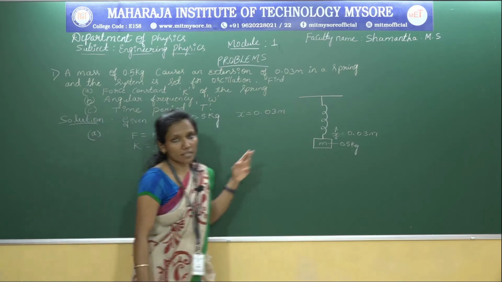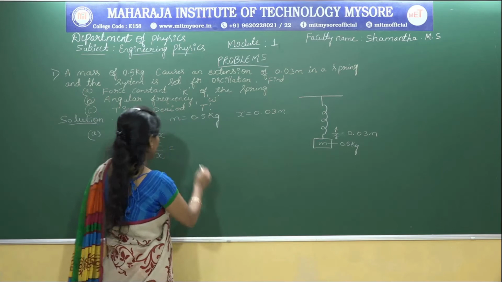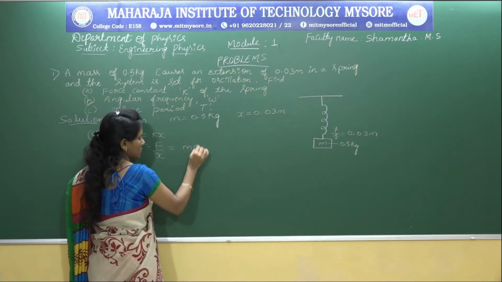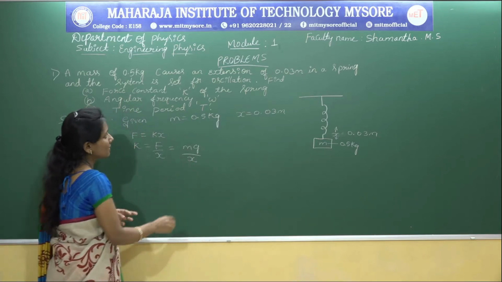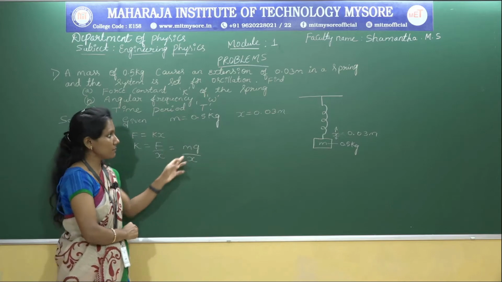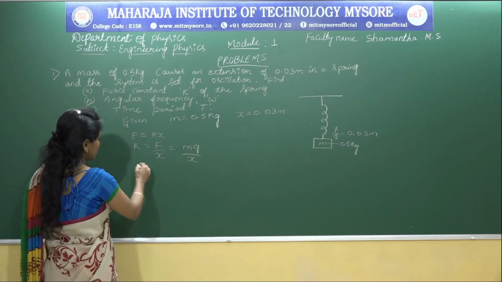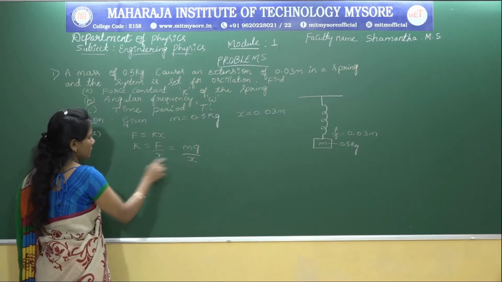When the mass is acted on by gravity, F is equal to mg, so K is equal to mg by x. The acceleration due to gravity is g is equal to 9.8 meter per second squared, and the mass and the extension are given.